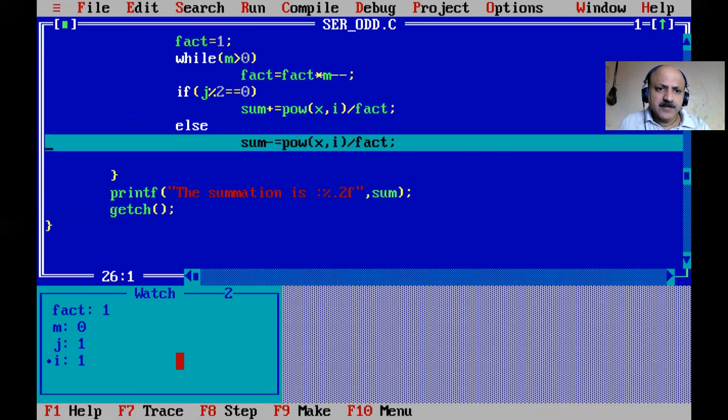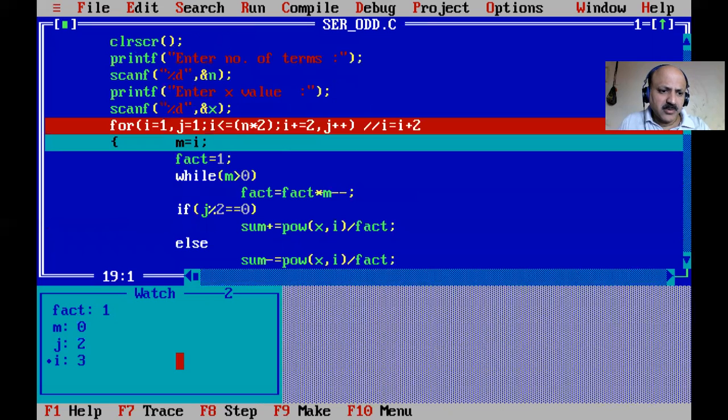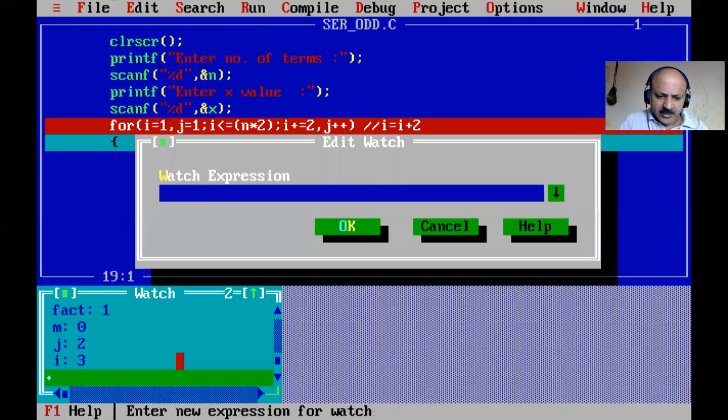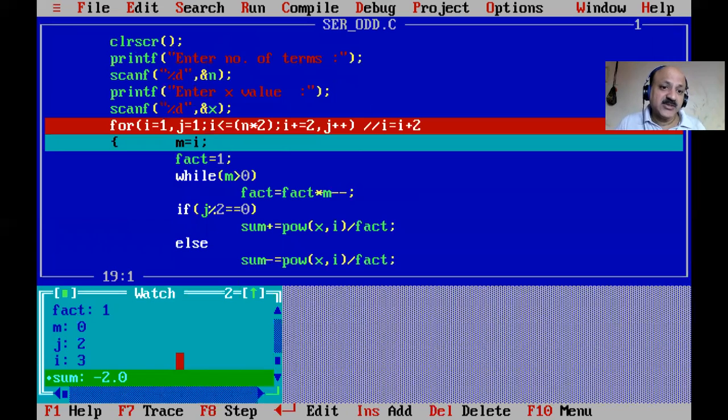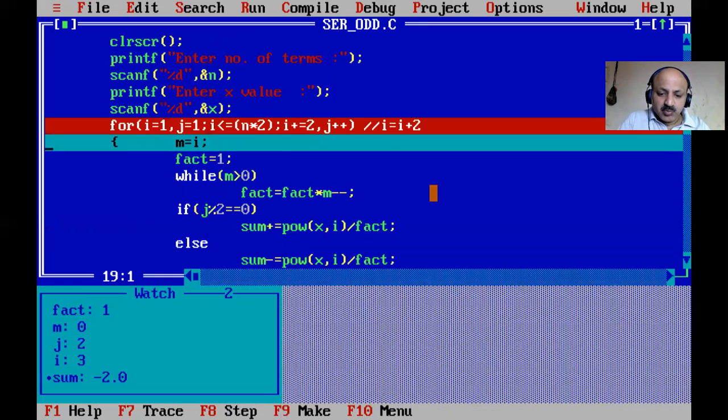Here I can find what to do. So yes, here our sum, first I can take the sum, so that is a minus 2. Yes. So first our term should be taken as a positive value.